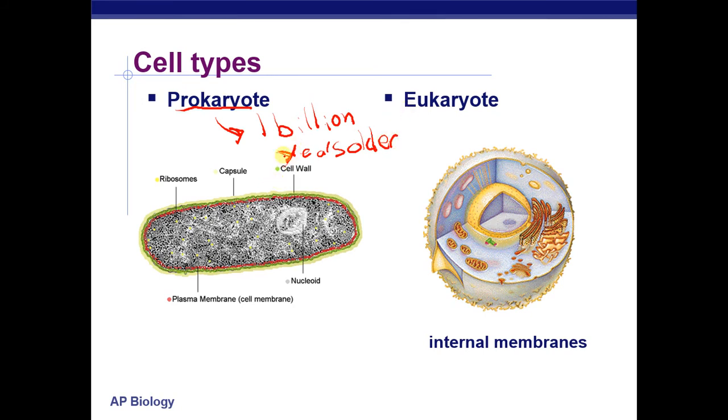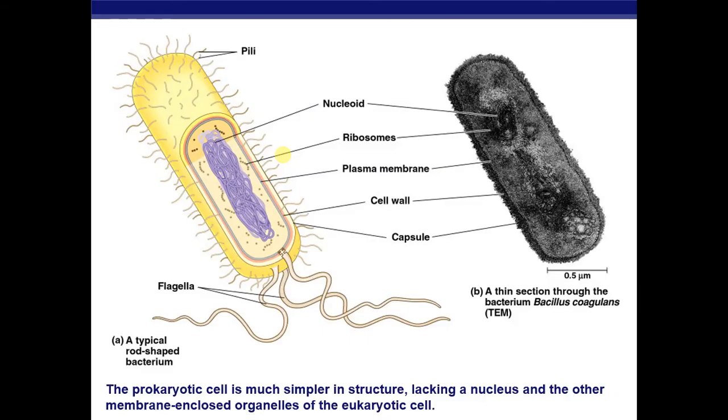So prokaryotic cells are definitely older than eukaryotic cells, and we'll talk about how we got eukaryotic cells in a little bit. Here is an example of a prokaryotic cell. It's definitely much simpler in structure than a eukaryotic cell, and it lacks a nucleus and other organelles that are enclosed in membranes. Here you can see the basic structure of a simple prokaryotic cell.